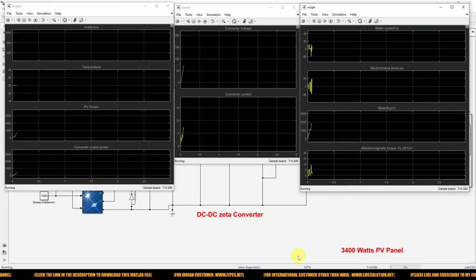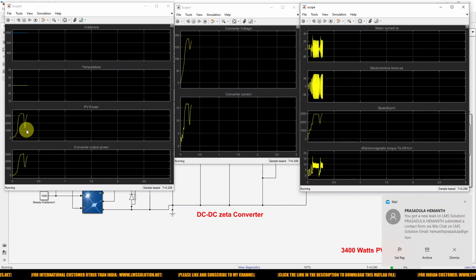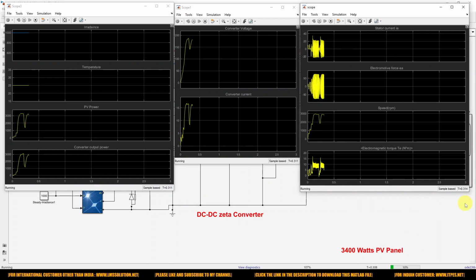So here you can see the power extraction from the PV panel. Initially it goes to the maximum point. After some time it comes down because of the PSO. What happened is that we are generating the duty cycle initially in a random manner.